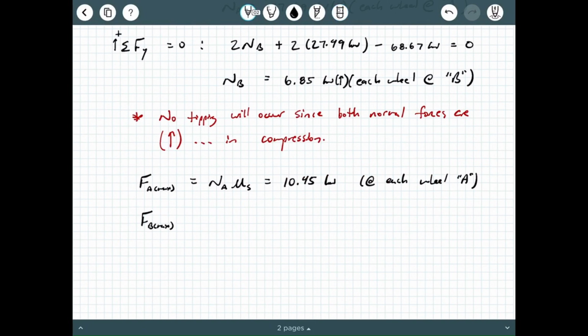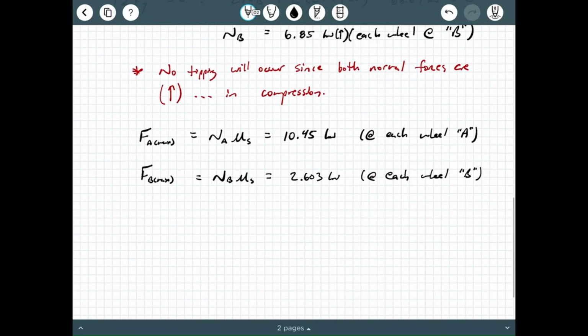And then we're going to do a similar thing. We're going to get an F_B max, and this is going to be N sub B times mu sub s. And so N sub B was 6.85 and then times 0.38. So we get 2.603 kilonewtons at each wheel B, okay?